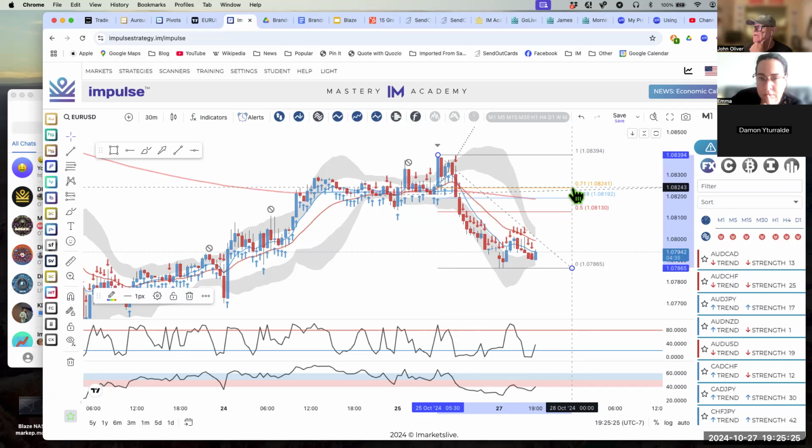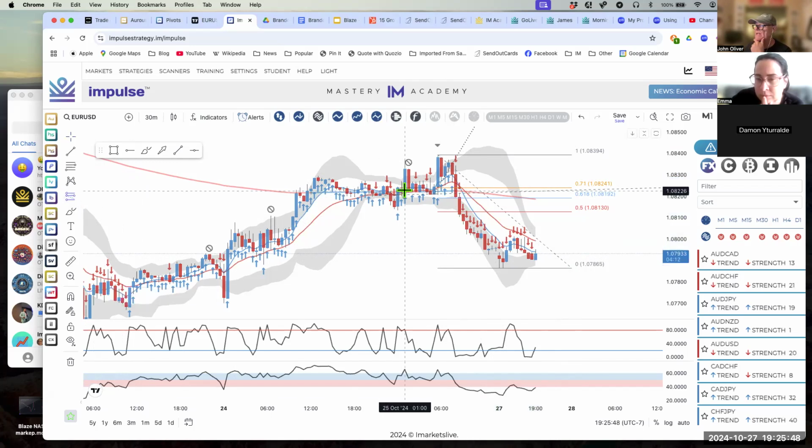So that's pretty much where we're going to do it. And then once you've got the fib on there, Emma, you leave it on there and then you go to your tool here and you want the short position tool.